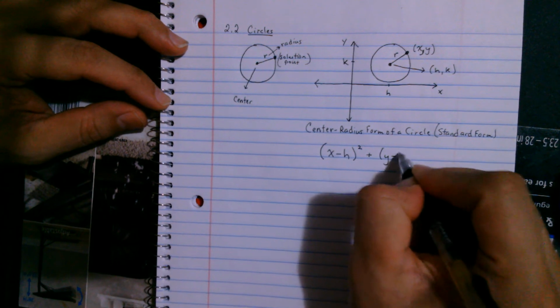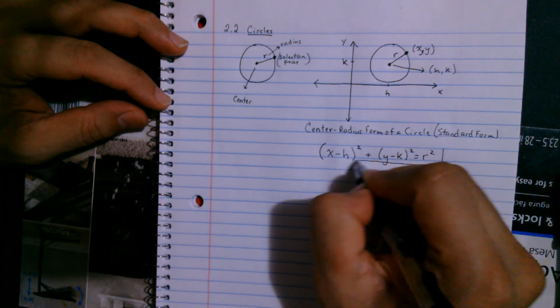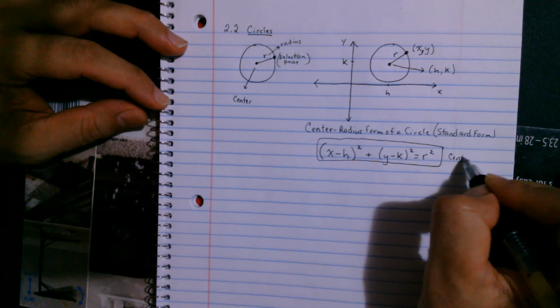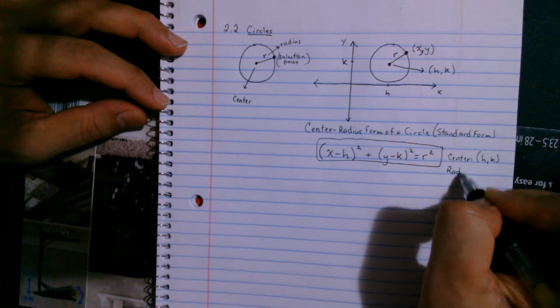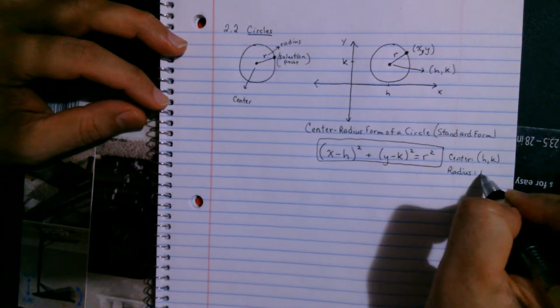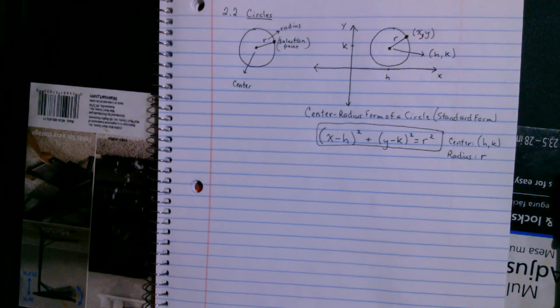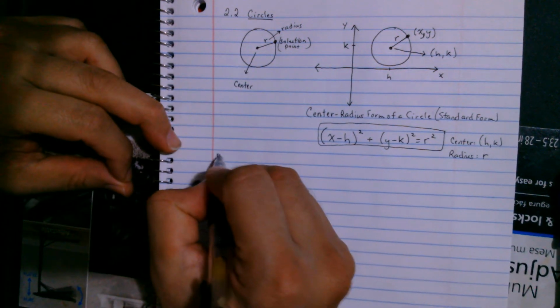So you'd have this formula, where your center is (h, k) and the radius is r. That's why they call it the center-radius form, because you need a center and a radius.